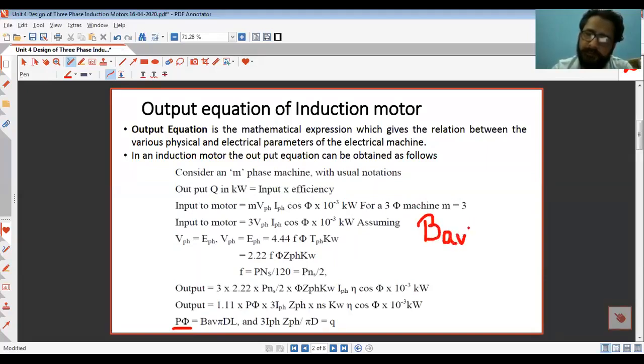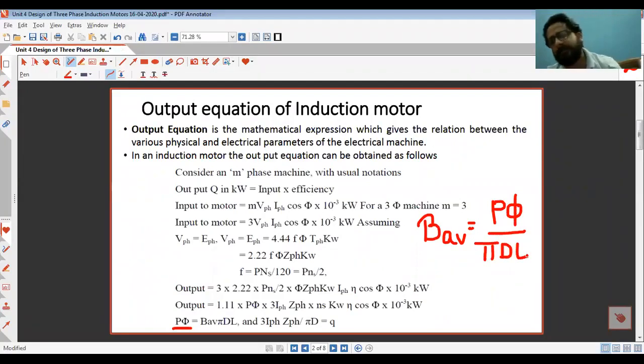B_av is equal to Pφ divided by πDL. What are D and L? D and L are the main dimensions of the rotating machine.